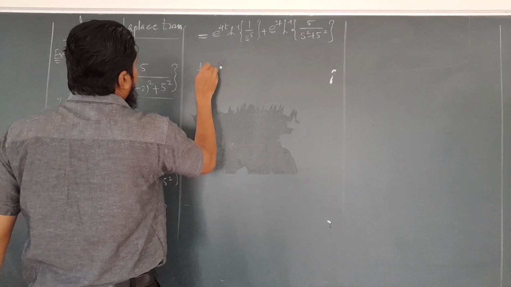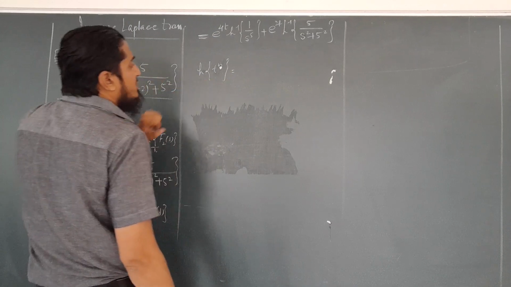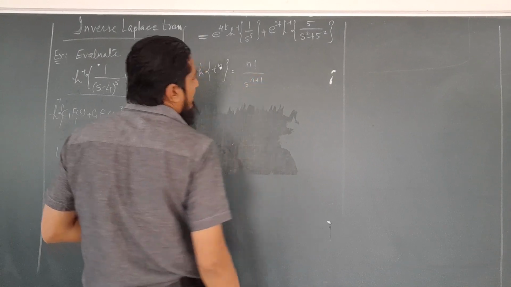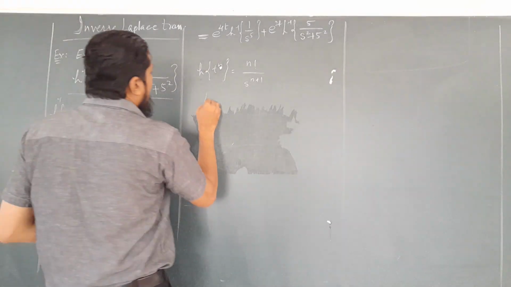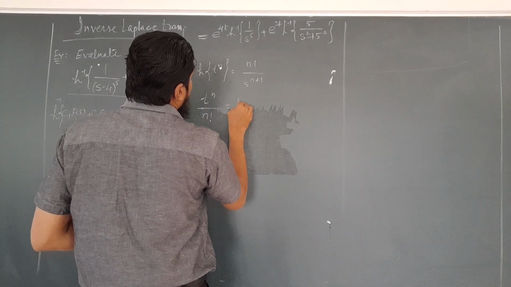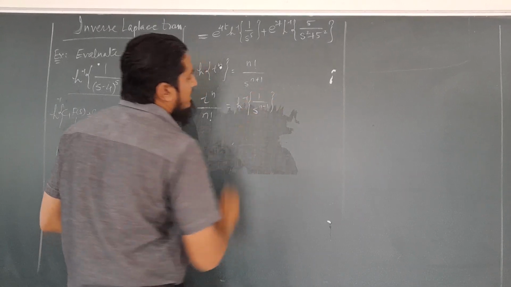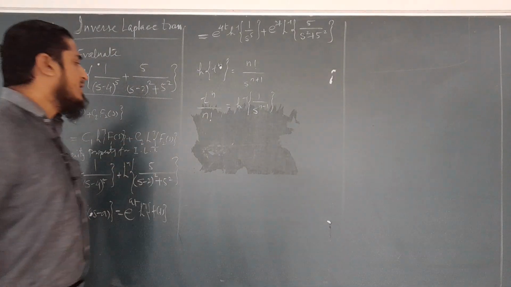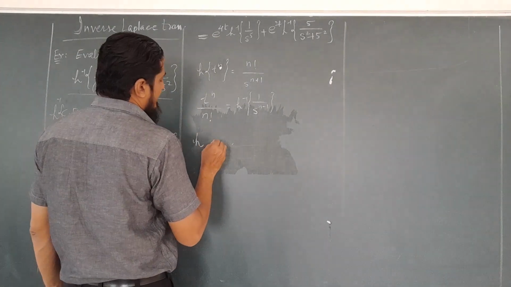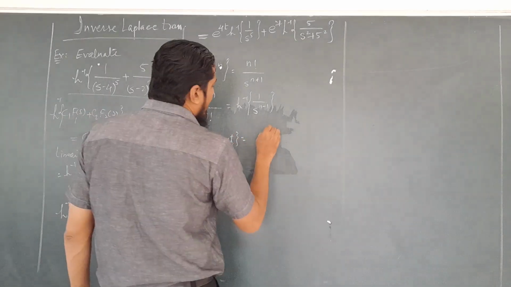Since we know the Laplace transform of t raised to n is n factorial upon s raised to n plus 1, t raised to n upon n factorial will give us the inverse Laplace transform of 1 upon s raised to n plus 1. Is it correct? Yes.